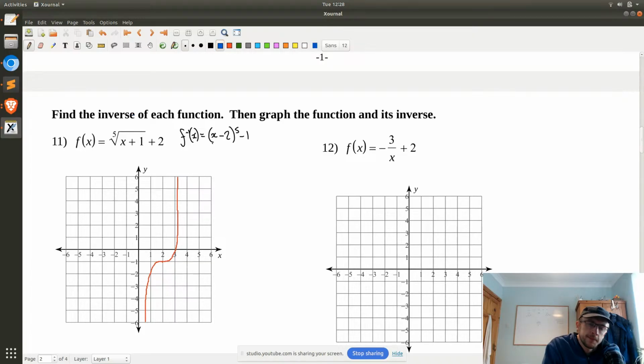And the inverse of it. Like, it's reflected across y equals x, right?